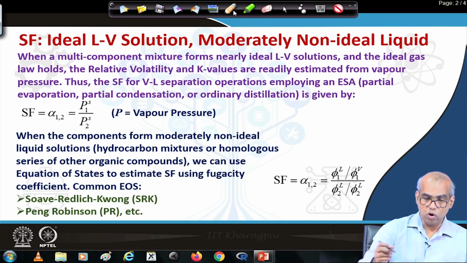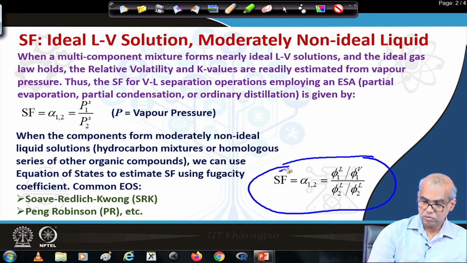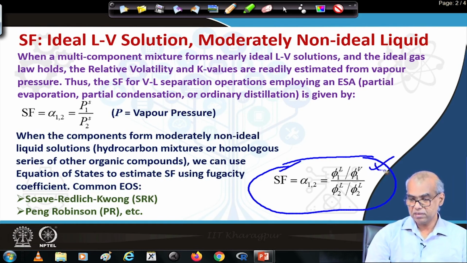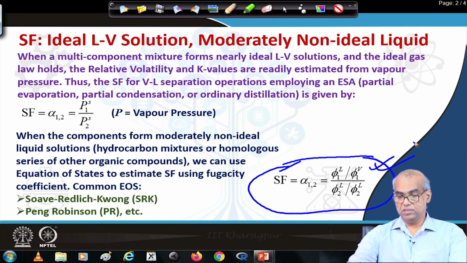So, for moderately non-ideal liquid solutions, the separation factor alpha 1 2 can be represented by ratios of fugacity coefficients.